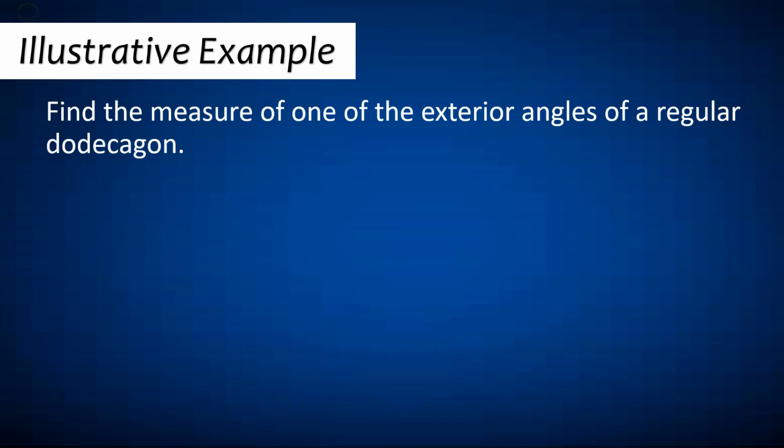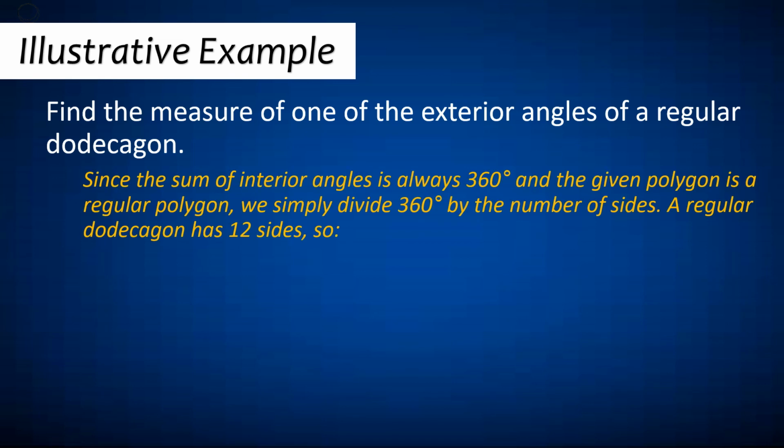Next, paano naman kung hahanapin din natin yung sukat ng isa sa mga exterior angles kung saan walang binigay na ibang sukat? Ang alam lang natin ay yung figure niya is a regular dodecagon. So since the sum of the exterior angles is always 360 degrees, and given sa problem natin na regular yung polygon, we can simply divide 360 by the number of sides.